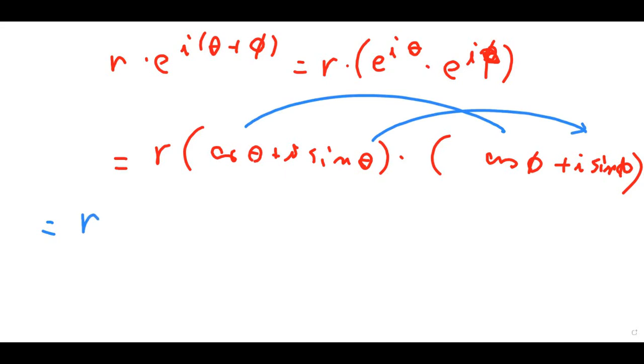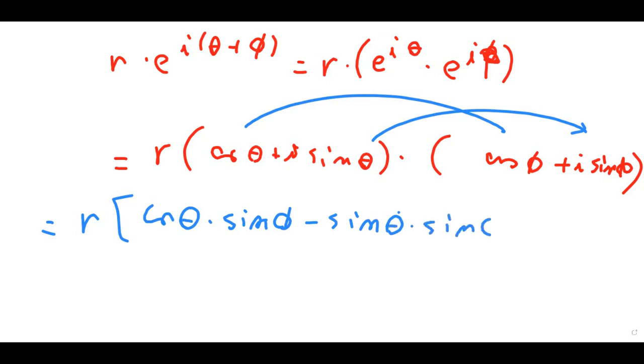It will be r, and inside here is cosine theta times cosine phi minus sine theta times sine phi. And this one is equal to r cosine of theta plus phi.